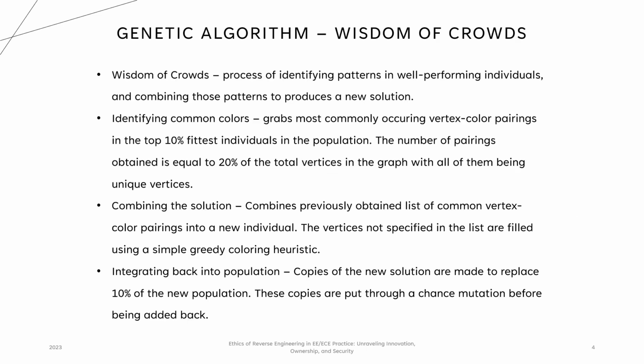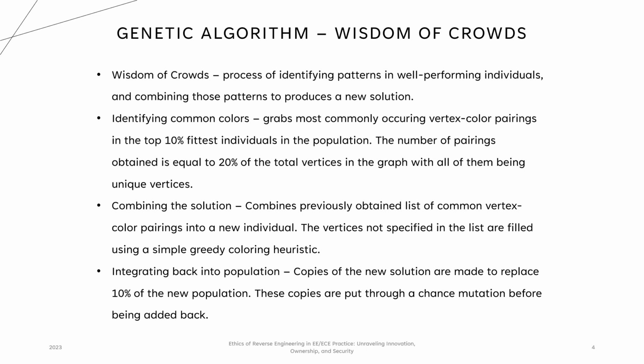So now that I've talked a little bit about the basic setup of the genetic algorithm, I want to take a second to talk about how I integrated the wisdom of crowds into it. So first, the wisdom of crowds is simply the process of identifying patterns in well-performing individuals of the population, and then combining those patterns to produce a new solution. So the way my wisdom of crowds works is it grabs the most commonly occurring vertex color pairings in the top 10% individuals of the population.